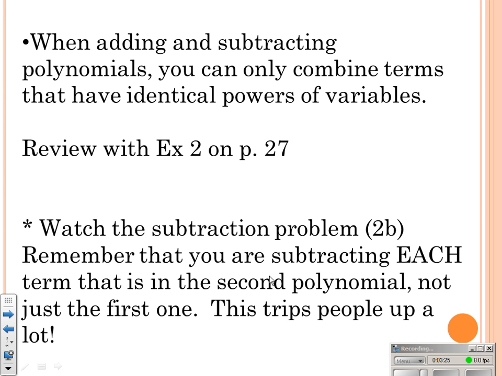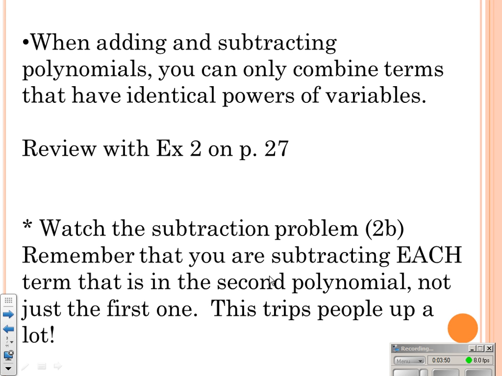And again, when you're doing the x terms, you got negative 4x in the first, subtract 3x in the next. That's negative 7x total. And then there was a constant in the first one, a 2, and nothing to take from it in the second one, so you still have a 2 in your answer. So watch that. Now, often, I have suggested to kids to distribute the negative through that second parenthesis and turn it into an addition problem.